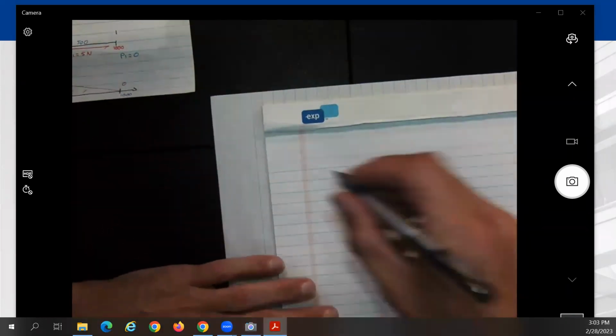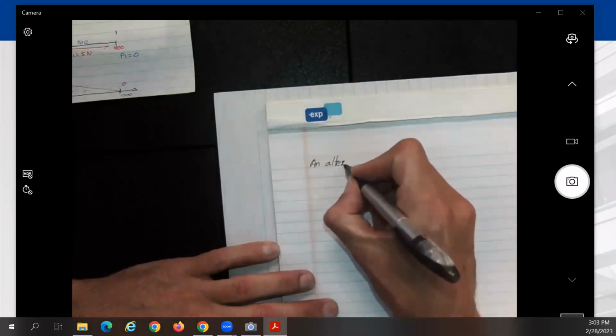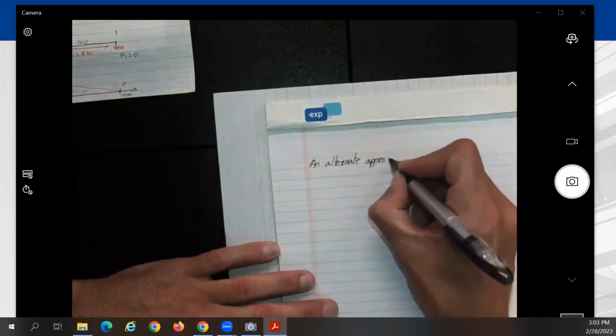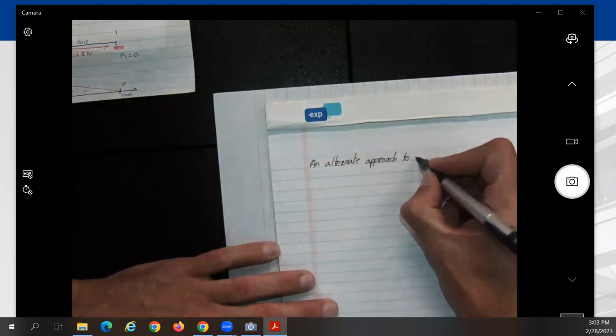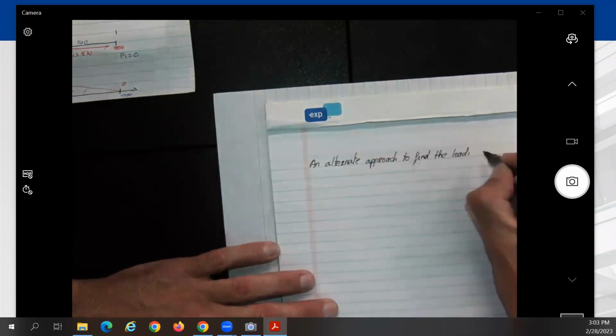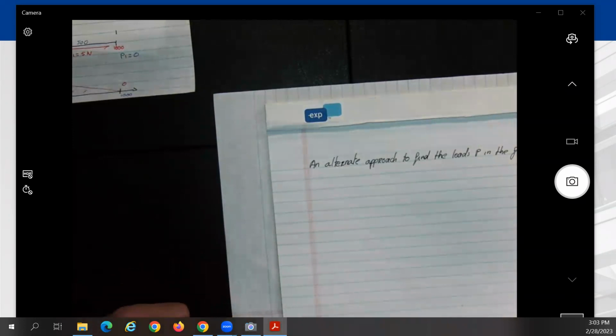Okay, and an alternate approach to find the load P in the flange. And again, it's very simple stuff, but okay, we need to do it.